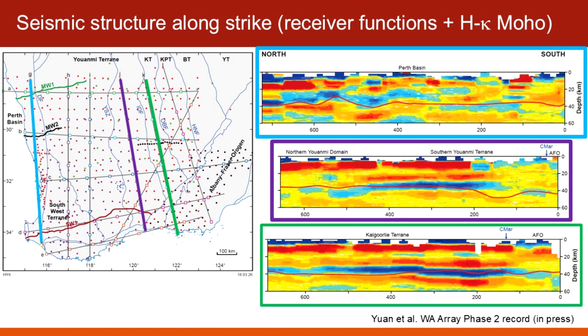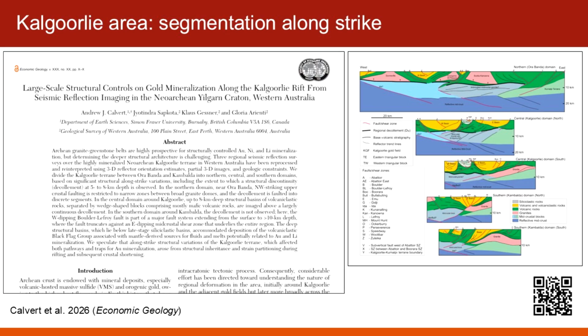If you want to resolve that in higher resolution, there's a poster over there, a paper by Andy Calvert that was just published last Friday, that shows the along-strike variations in the Kalgoorlie area itself. So clearly we get really interesting changes along strike. It's just a plug for that paper, but have a look at the poster.